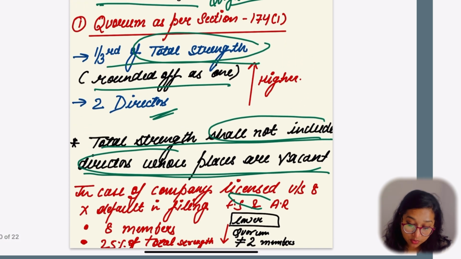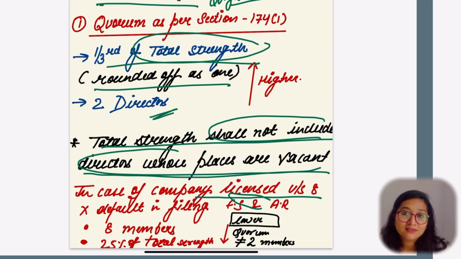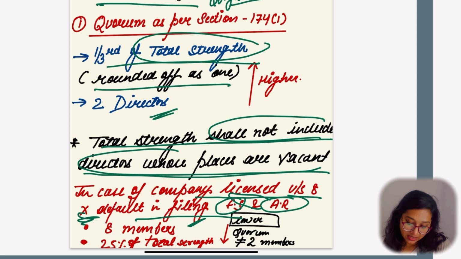But what about a company licensed under section 8? If a section 8 company has not made default in filing of financial statement and annual return, remember sections 137 and 92, in that case the quorum of board meeting of a section 8 company is going to be 8 members or 25% of total strength.